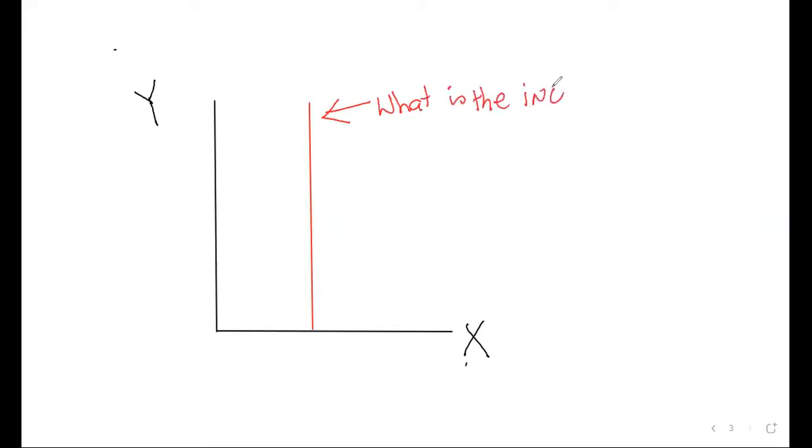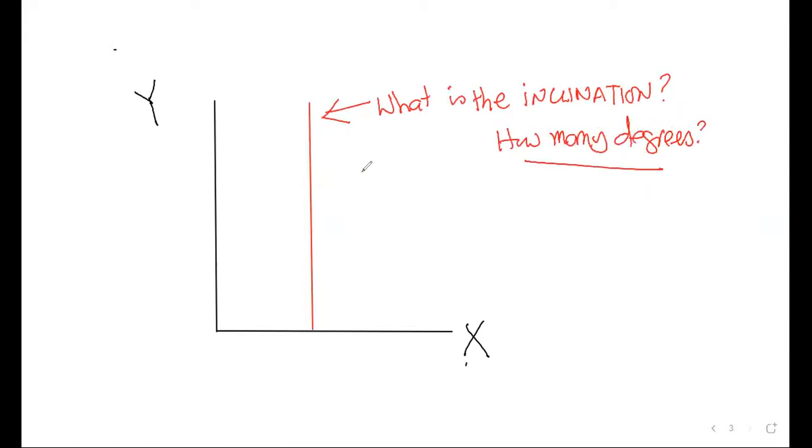Is this a price ceiling? Forget whether it's demand or supply. What is the inclination? Sir, X is constant. Wait, how many degrees? If I ask the question, what is... Negative.